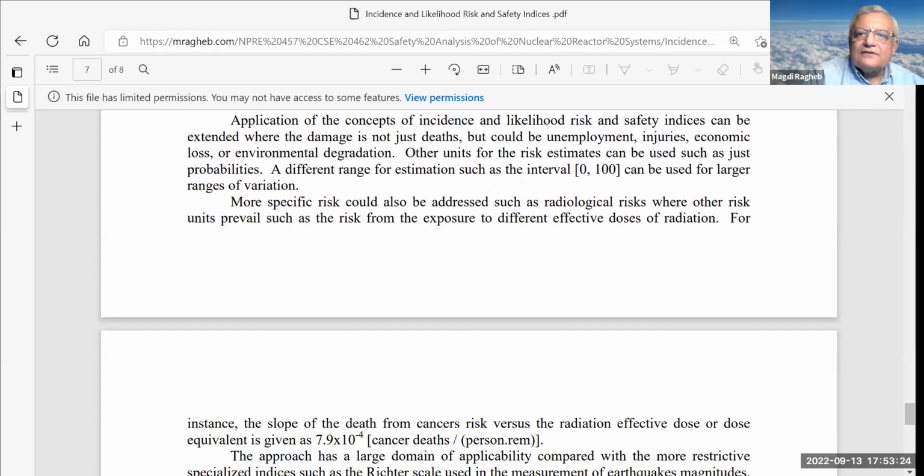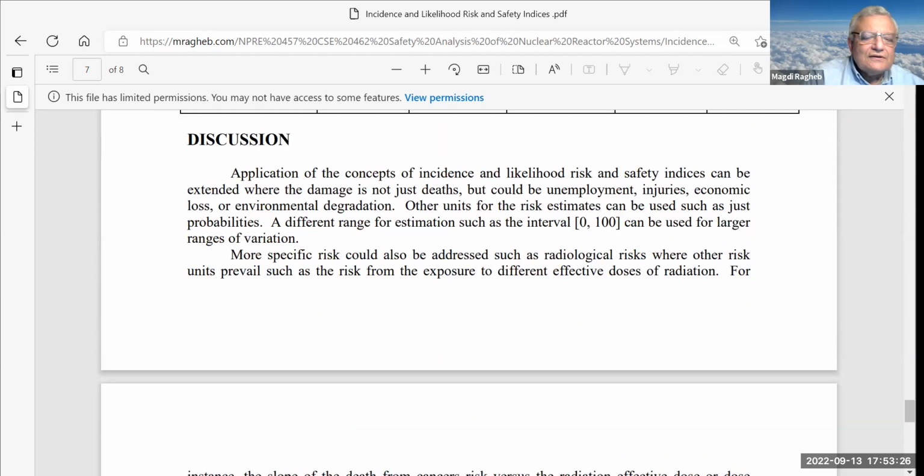In essence, then, here we suggest a smarter way of assessing the levels of risk and the levels of safety in large populations. We designate it as the incidence risk or safety indices, and for limited size populations, we designate it as the likelihood indices.